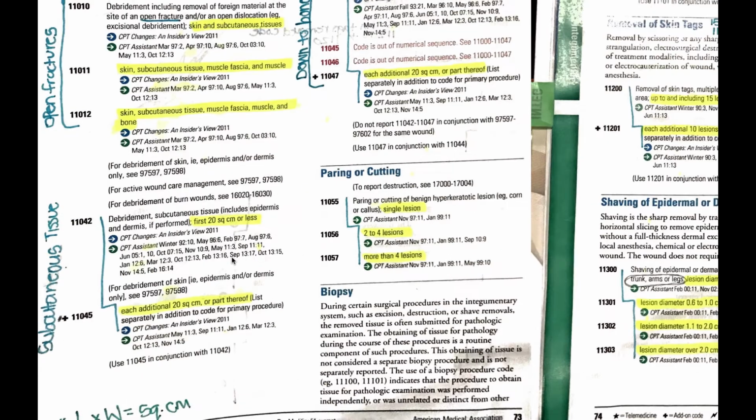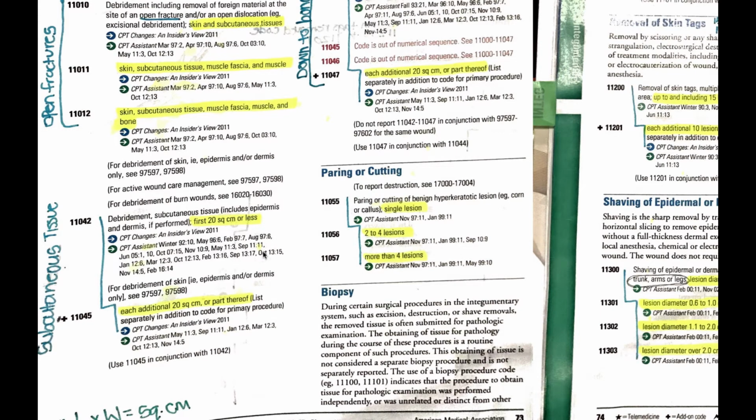Now let's talk about if a patient has a wound that's debrided down to subcutaneous tissue on their shoulder that is 20 square centimeters, and they also have a wound on their knee that is debrided to subcutaneous tissue for 15 square centimeters, you will add those together because they are both debrided to the subcutaneous tissue.